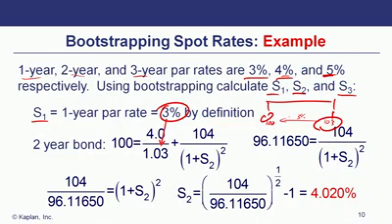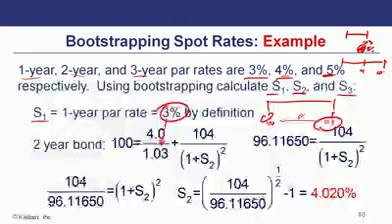So here's the point. If you're looking at a 2-year bond, we have a 1-year bond that has a cash flow here, 103, that we're going to discount at 3%, right? And then we have another bond that has a cash flow at time 1 and a cash flow at time 2. It's going to have a $4 cash flow here and 104 here.